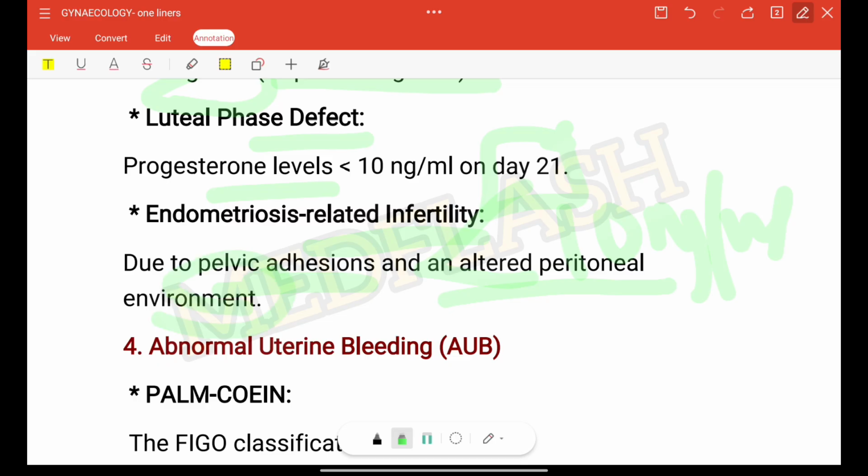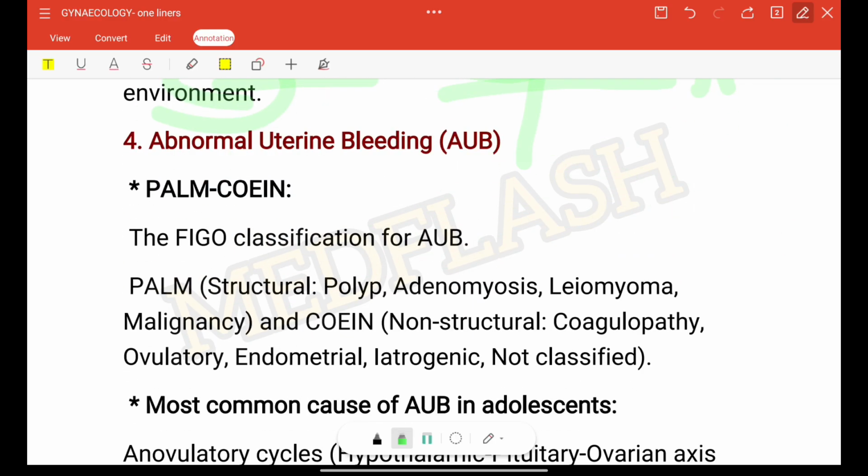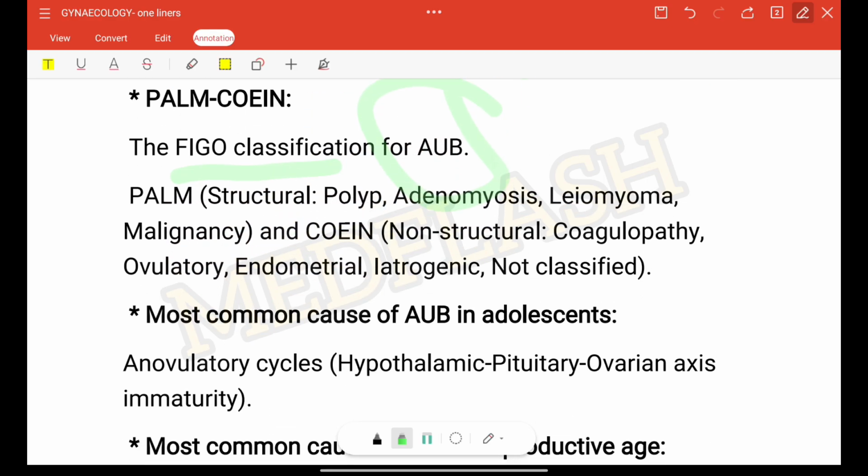Abnormal uterine bleeding: the PALM-COEIN classification, the FIGO classification for AUB. PALM denotes polyp, adenomyosis, leiomyoma, and malignancy. COEIN: non-structural causes, coagulopathy, ovulatory, endometrial, iatrogenic, and not classified.